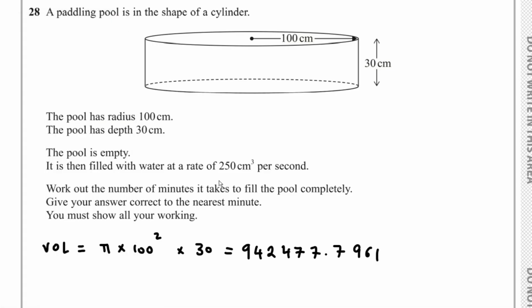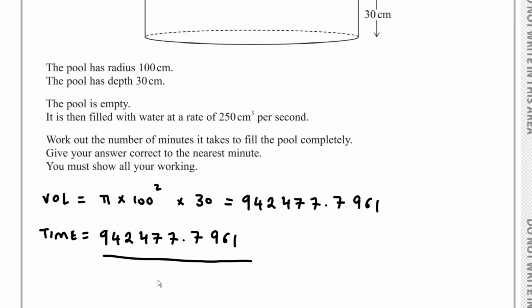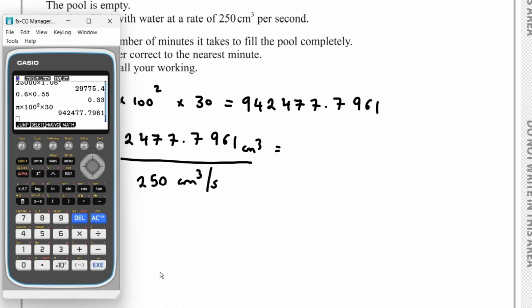Now we know that we've got this rate of 250 centimeters cubed per second, so that means the time will equal this amount divided by 250. So if I divide this amount by 250, we get 3769.911184.